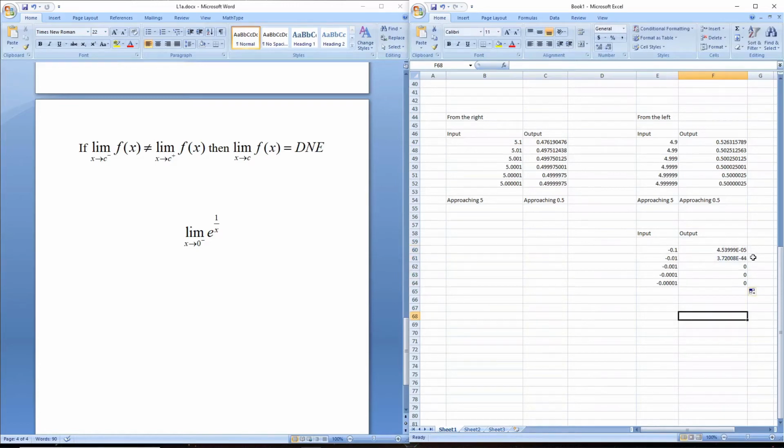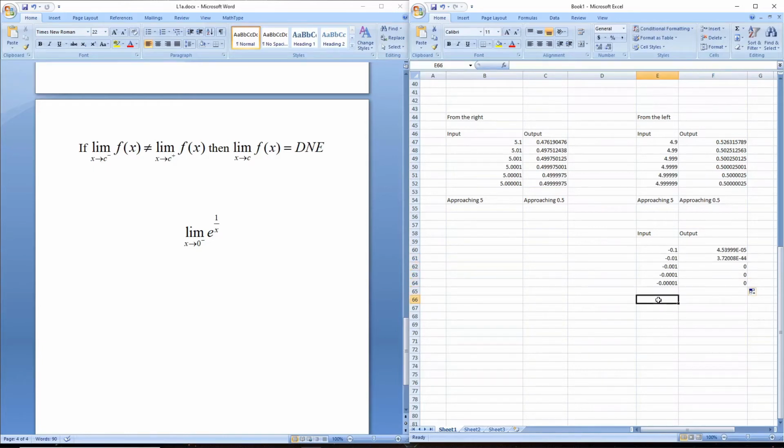So these numbers are getting so small that Excel can't even handle it anymore. Right off the bat, in our second row here, we're already hitting a number that's 10 to the minus 44. So we're talking 43 zeros in that decimal place. This number is so small that it's already broken Excel.